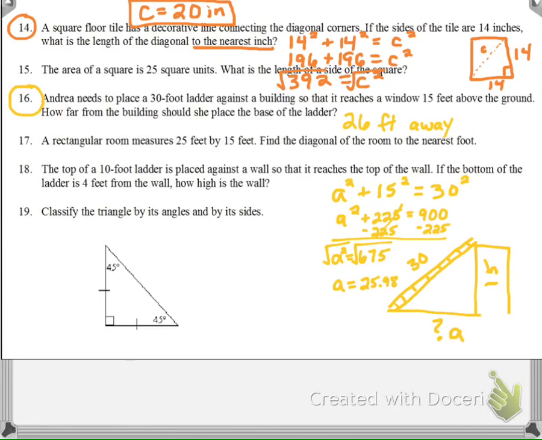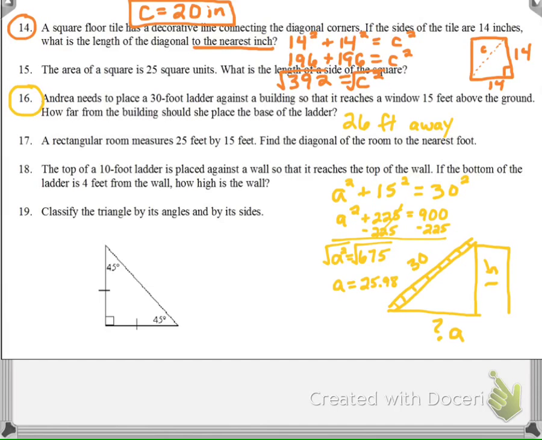Okay, notice I didn't leave my answer as A equals. I answered the question. How far from the building should she place the base of the ladder? 26 feet away. Okay, I probably could have even made that better and said she should place the ladder 26 feet away from the building. Okay, but you have to answer the question, not just answer what you did.